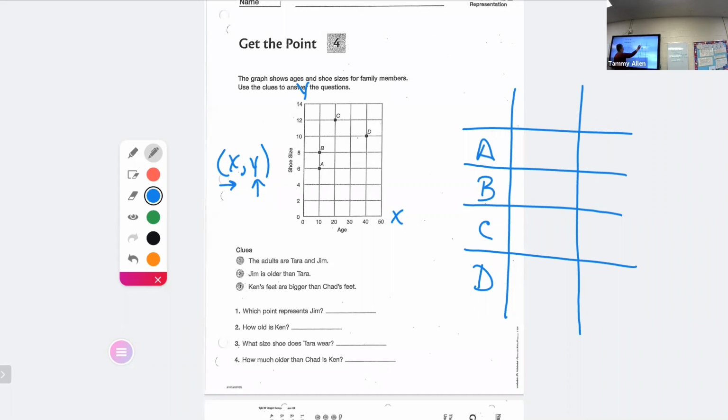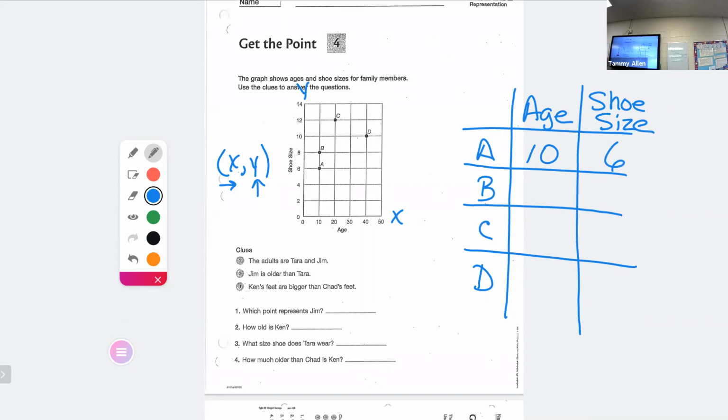A. And our y-axis is represented by what? So if we look at point A, what is the age of the person? 10. What is the shoe size of A? Jonathan? Pardon? 6.